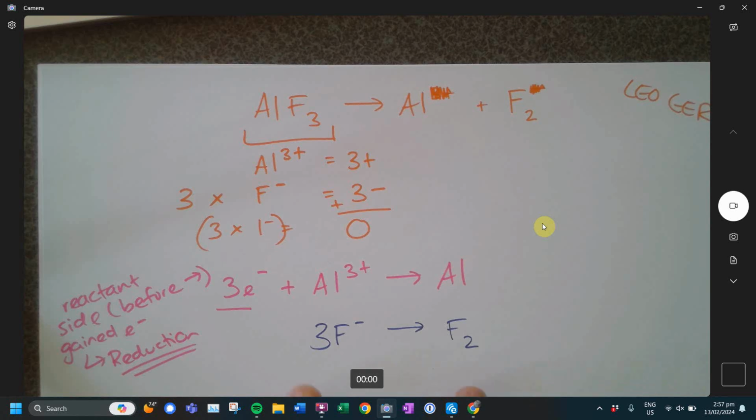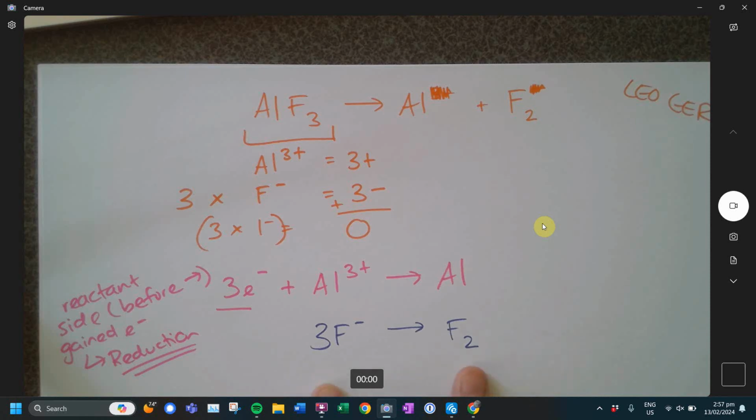All right. This second one's a little bit more complicated, so let me walk you through it. Now, first thing I want to do is make sure, we didn't have this problem before, that these 2 numbers are the same because I can't create or destroy matter. In this case, it was 1 and 1, so nothing needed to change. In this case, I have 3 and 2. So I need to find a common denominator, a common number that they both share.